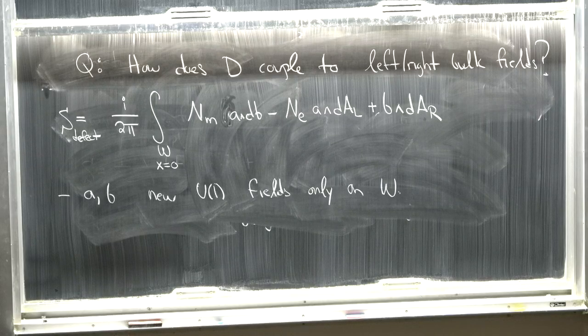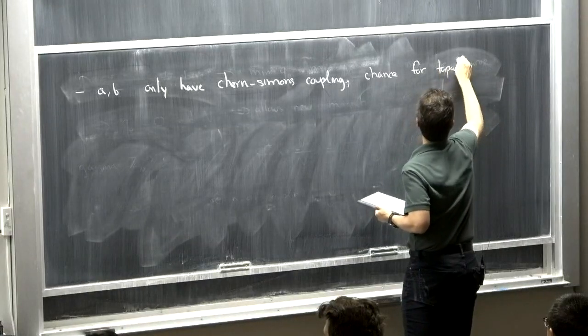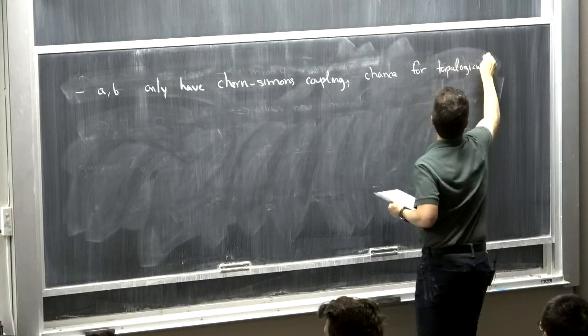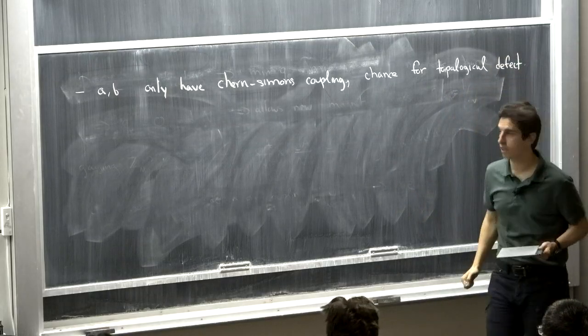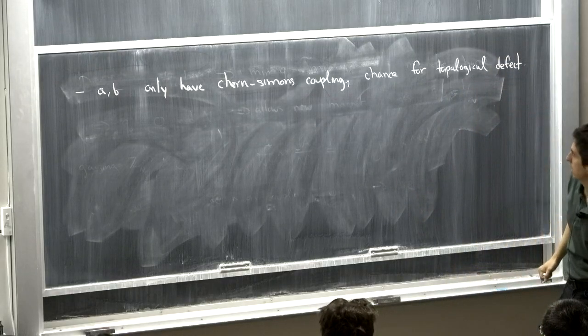So A and B only have Chern-Simons couplings, so there is a chance that they are topological. There's more to check, and I will check it presently, that the defect is topological.